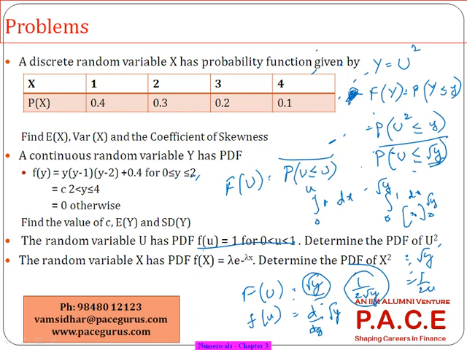Because y is something we have taken as a value, y is nothing but u squared, so the square root of u squared makes it u. 1 by 2u is your density function for u squared. 1 is the density function for u, whereas 1 by 2u is the density function for u squared.